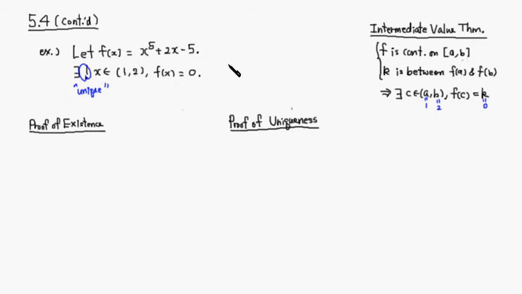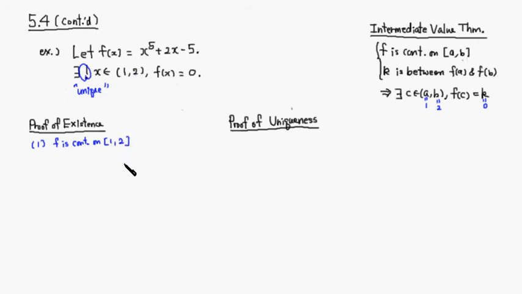Let's make sure that this function satisfies the hypotheses of the intermediate value theorem. Line 1: we know that f is continuous. In fact, it's continuous everywhere, but we just want it continuous on the interval from 1 to 2.